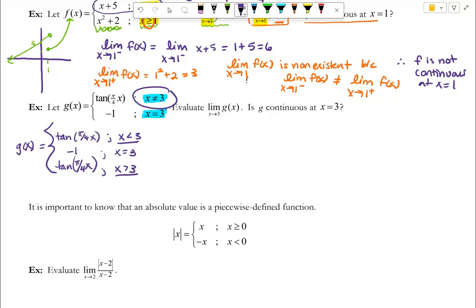So when we're evaluating this limit as x approaches 3 of g, we said that we need to make sure the left and the right-sided limits agree. Well, when we write it this way, this is to the left of 3. This is the piece we use to the right of 3. So more generally, going back to our original piecewise, if I'm approaching 3 from the left and the right, and I'm just not at 3, that's going to be every value of x on the number line that does not equal 3.